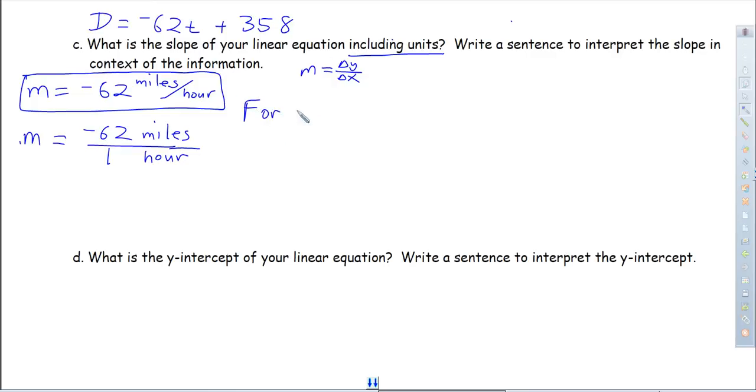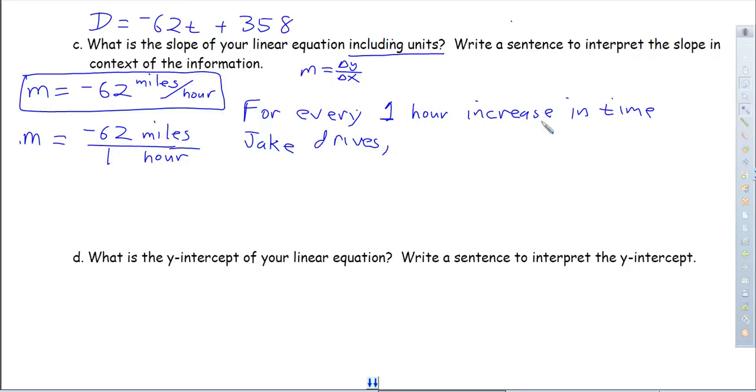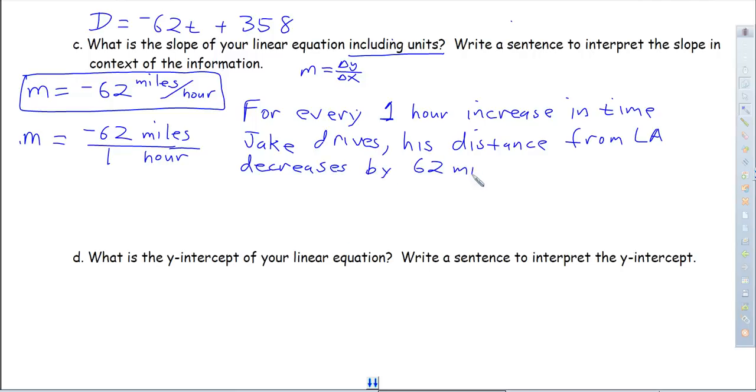So we're going to say that for every 1 hour increase in time Jake drives, his distance, remember, not just distance, his distance from LA decreases by 62 miles.